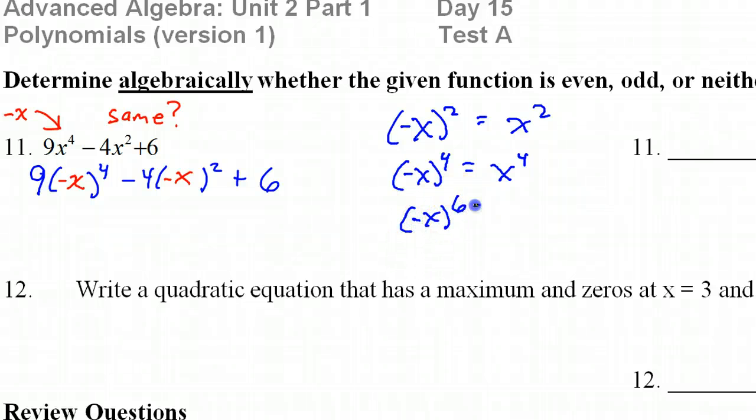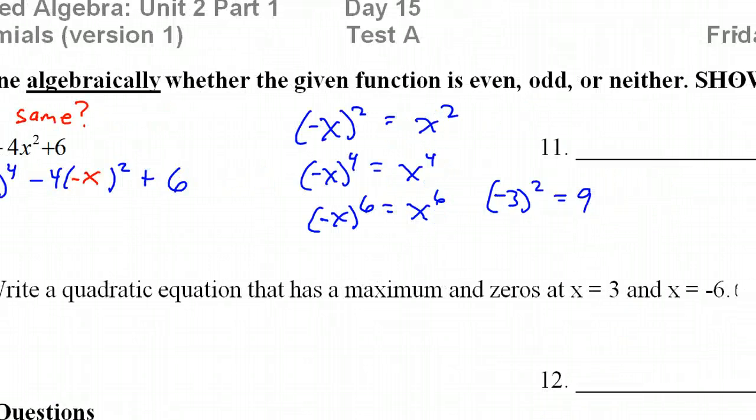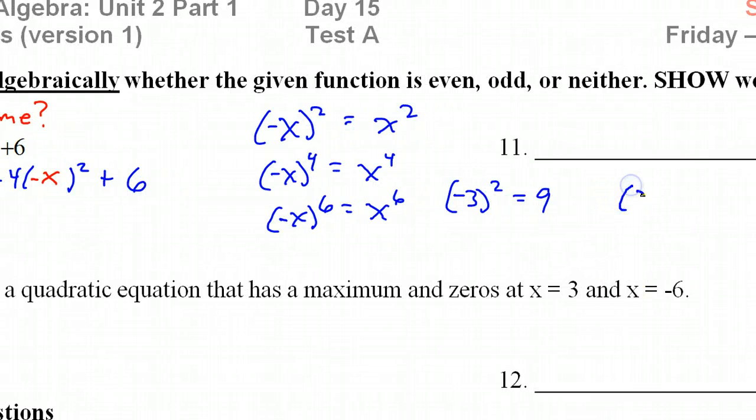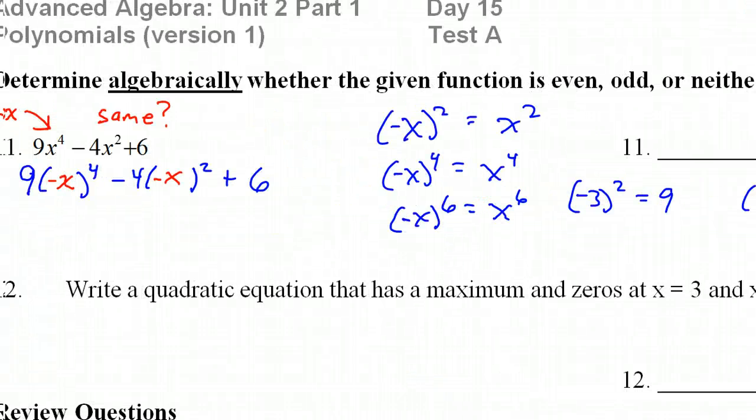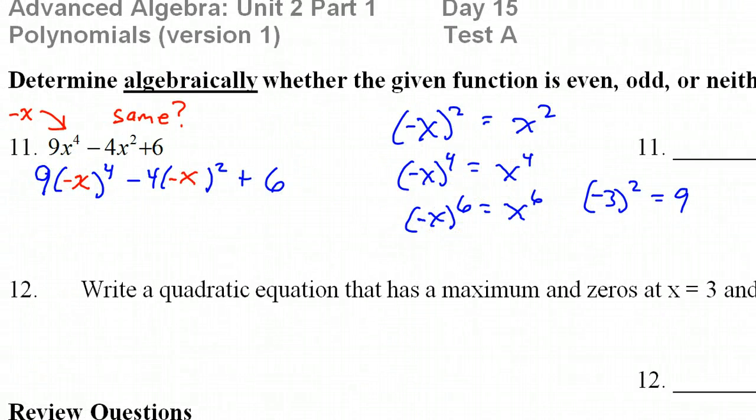Negative x to the 6th power is the same thing as x to the 6th power. Think about it. If I had negative 3 squared, that's 9. And that would be the same thing as positive 3 squared, which is also 9. So basically, if you square something, you might as well just erase the negative sign. That works for any even power.